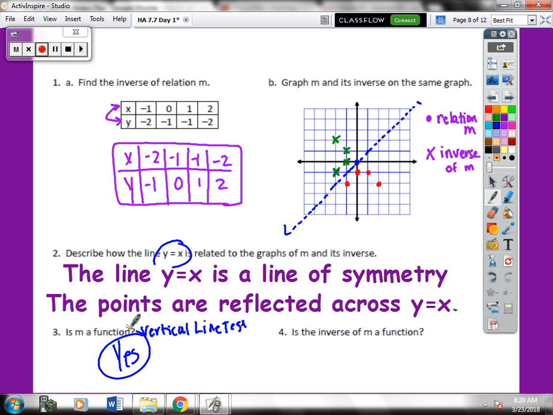It only touches one point at a time. Now, is the inverse of M a function? No, it would fail right here. So we're going to learn something on the back called the horizontal line test, which is something you can use for the inverse of a function to test.